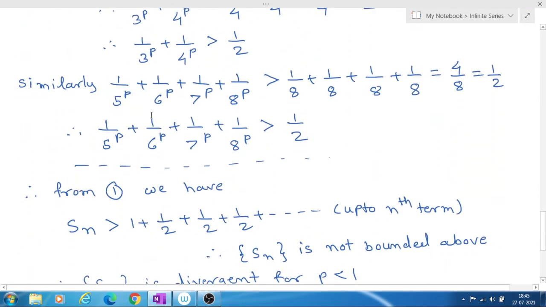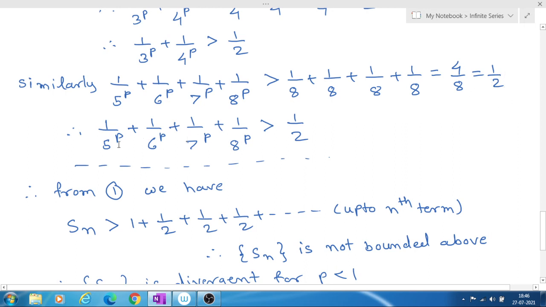Similarly, if we take another 4 terms and substitute for 1 upon 6 raised to p as 1 upon 8, then each term 1 upon 6 raised to p is greater than 1 upon 8. 1 upon 7 raised to p is also greater than 1 upon 8, and therefore this is greater than 1 upon 8 plus 1 upon 8 plus 1 upon 8 plus 1 upon 8, and therefore the sum of these 4 terms is 4 upon 8, which is 1 upon 2.